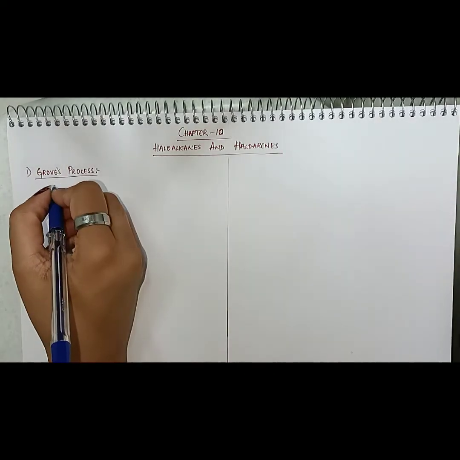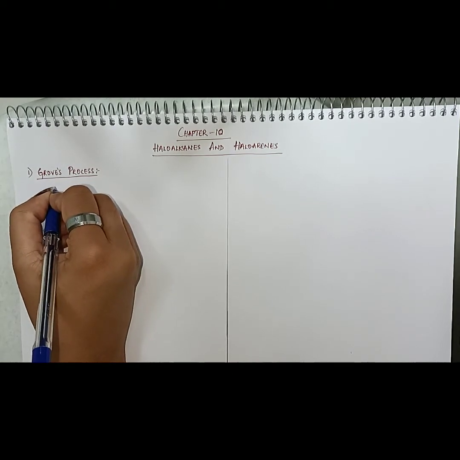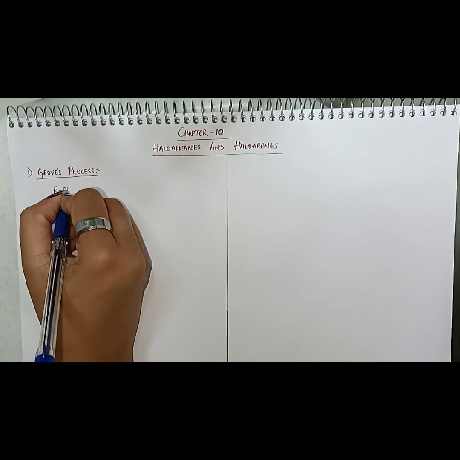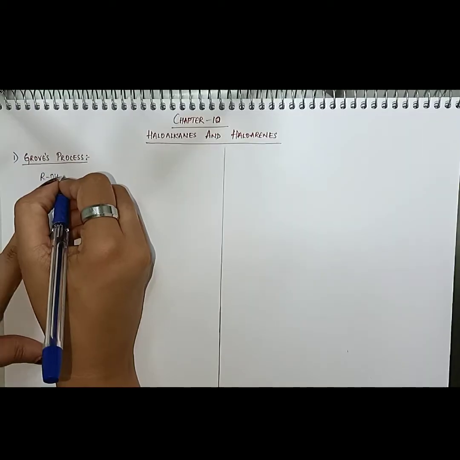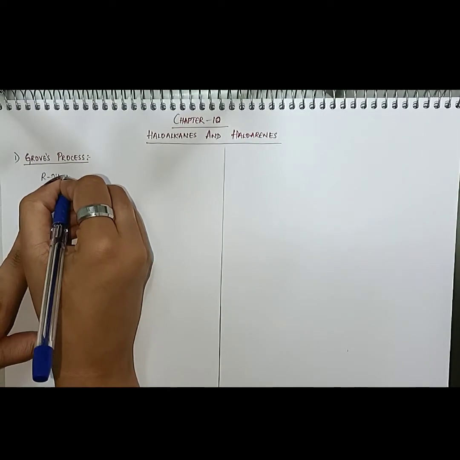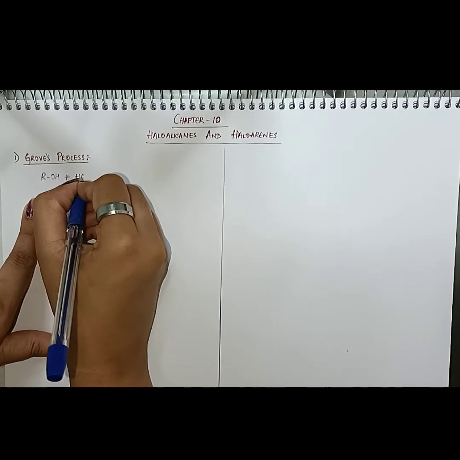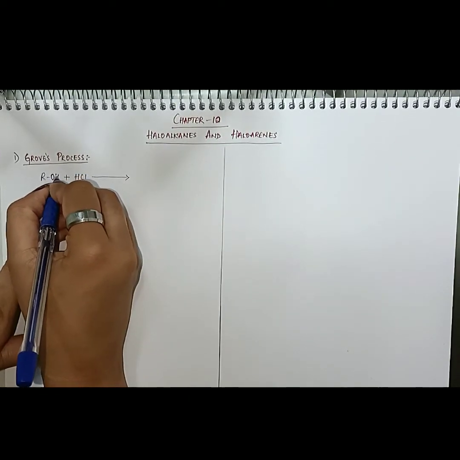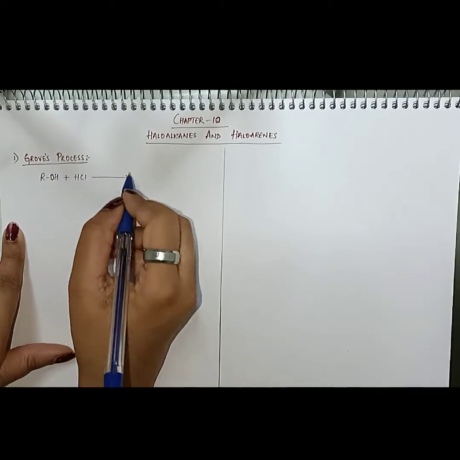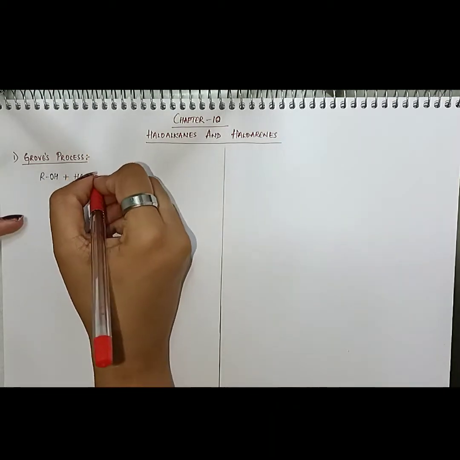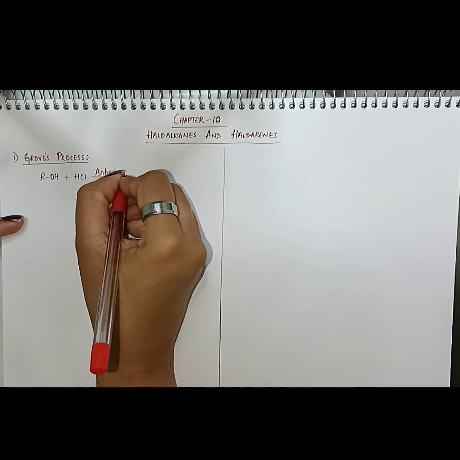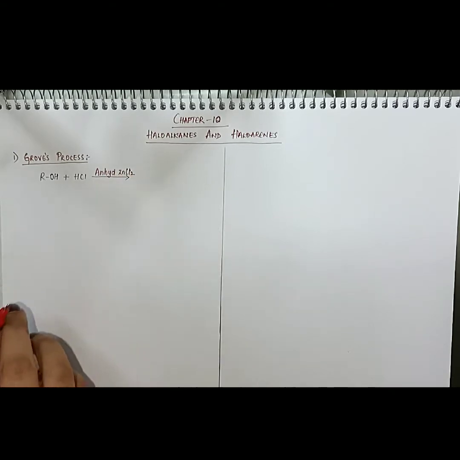So for this equation, we need an alcohol plus HCl. Now this is going to be in the presence of a Lewis acid. So here we will have anhydrous ZnCl2.